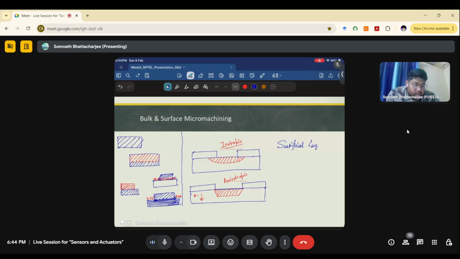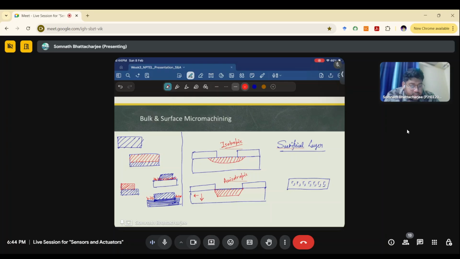A sacrificial layer, we can say from the name itself, is a layer to sacrifice. Let's say you have a pattern all over the mask itself, an L-shaped pattern like this. Throughout the mask you have this pattern, and on top of your material you don't need to equally distribute this pattern, right?